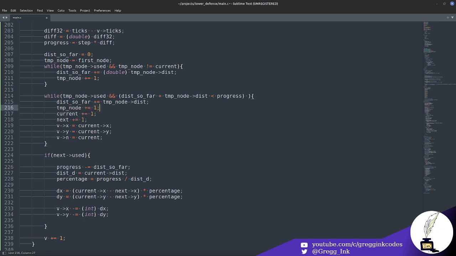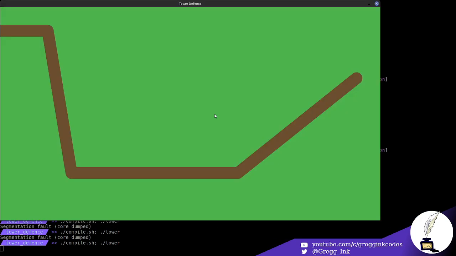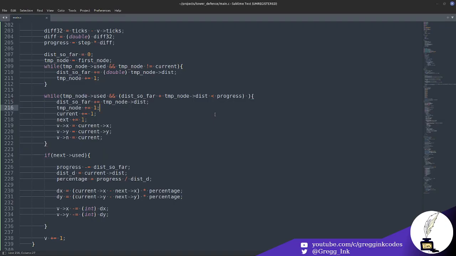Ah, of course. Right? Otherwise. Yeah. Is that a bug? No. Same kind of problem. It doesn't segfault anymore, but still it's not right.